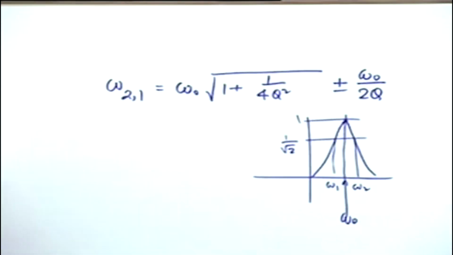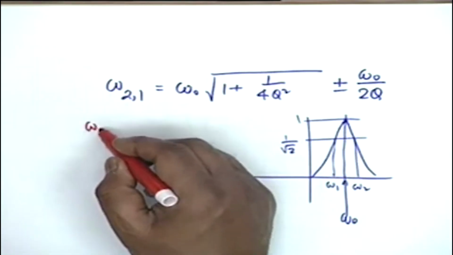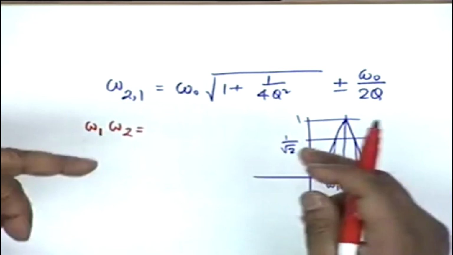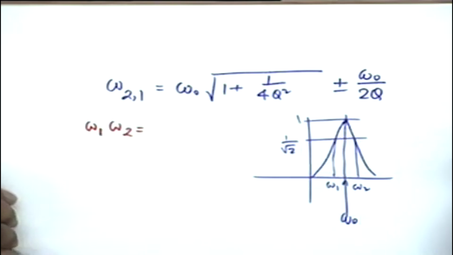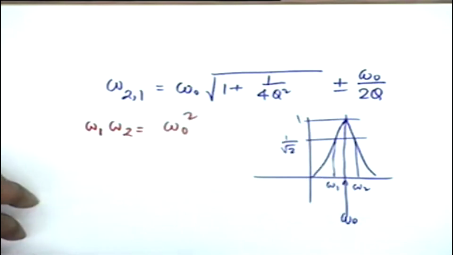Now you notice a very interesting feature, that the product of omega 1 and omega 2, if you multiply the two, is of the form a plus b times a minus b, so a squared minus b squared, and you can see that this is simply omega naught square. What does this mean?